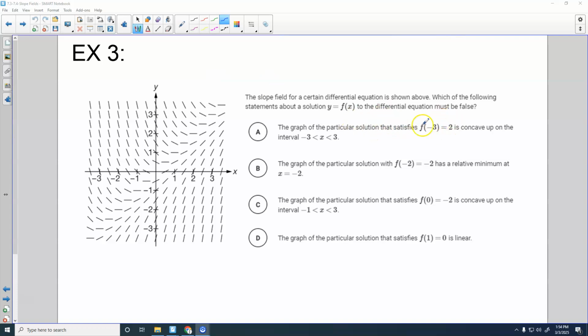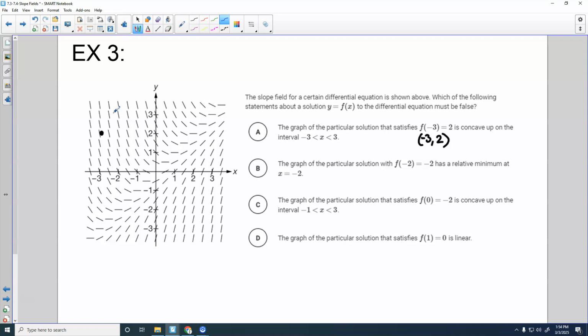And when they say that it satisfies f of -3 equals 2, that's giving you a point. So it's telling you the graph goes through (-3, 2). And so (-3, 2) is this point right here.